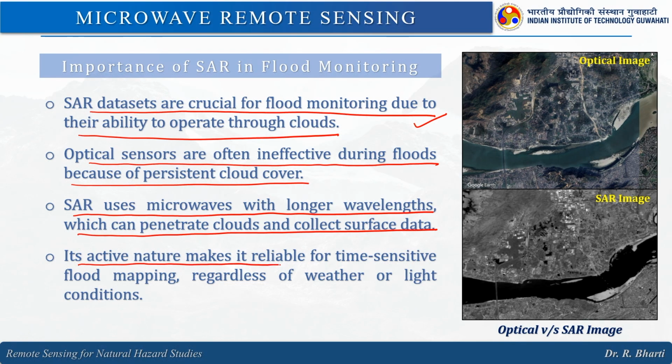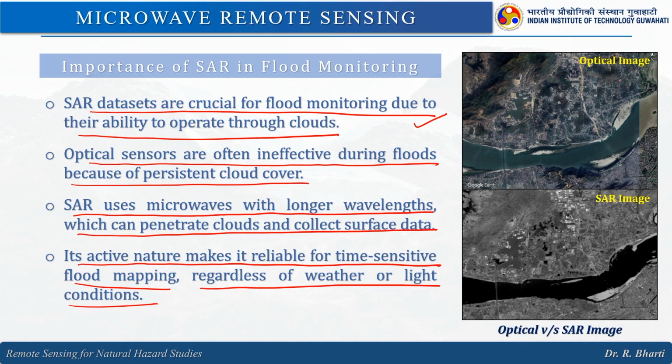Wavelengths are long, so it is expected that clouds will not have any interference in our data acquisition. Its active nature makes it reliable for time sensitive flood mapping regardless of weather or light condition. So, even in the night time we can have this measurement when we are talking about the active microwave sensors, right.